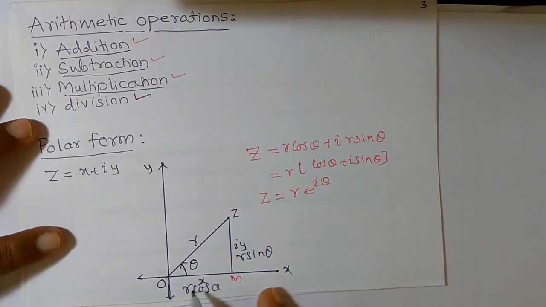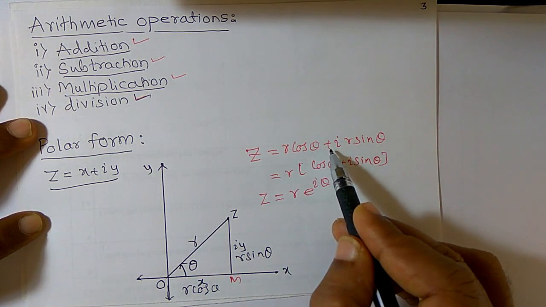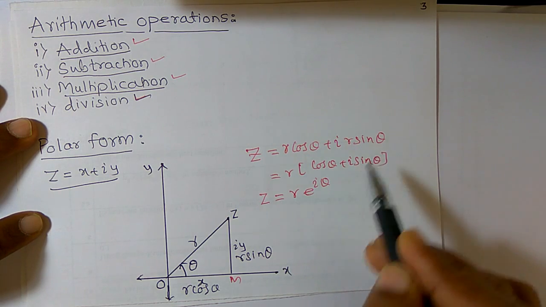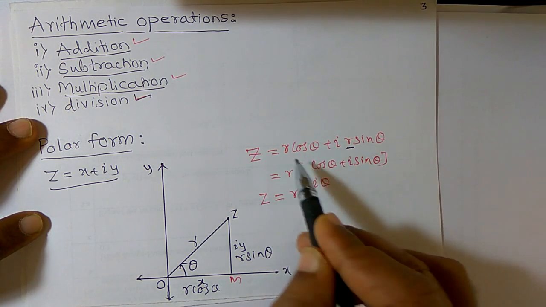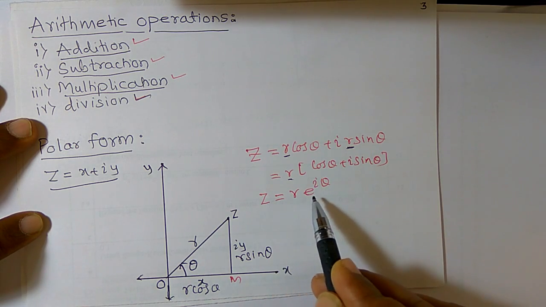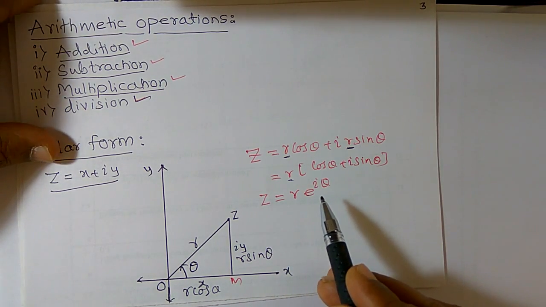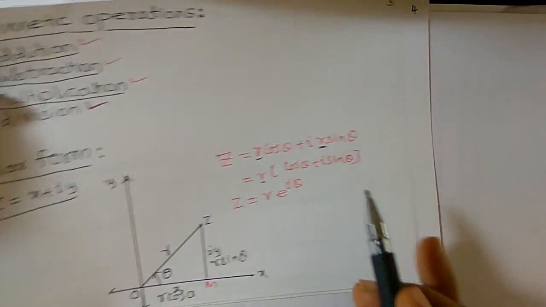Is it clear? We can substitute these two values in this equation. z is equal to r cos theta plus i into r sin theta. Here r is common. You can take out cos theta plus i sin theta. z is equal to r into e to the power i theta, which is the polar form of a complex number.